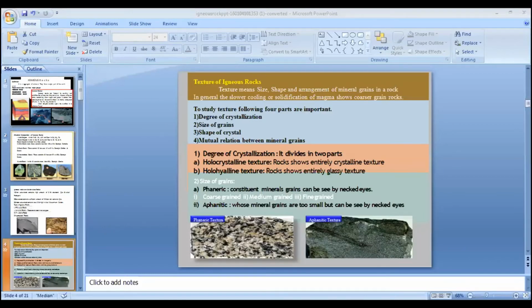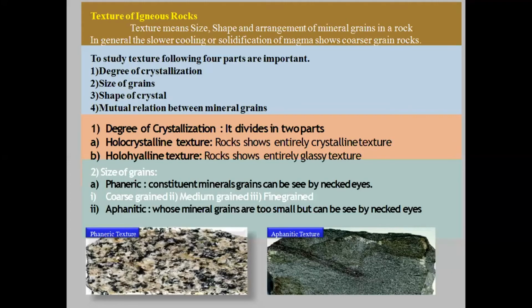It is due to rapid crystallization, and that's why we have the glassy texture. You remember we discussed that the rocks that are found as a result of volcanism sometimes don't have any crystals, and these types of rocks are sometimes holohyaline, or we call them entirely glassy texture.